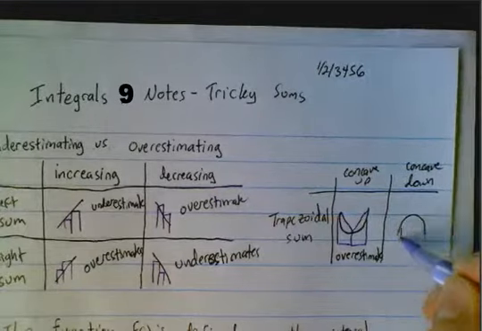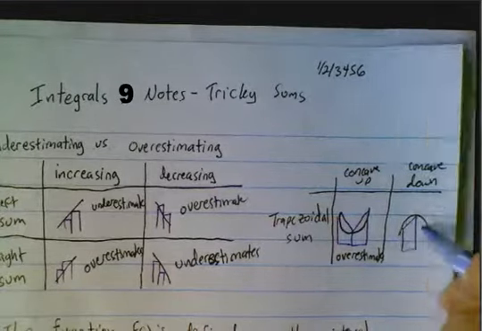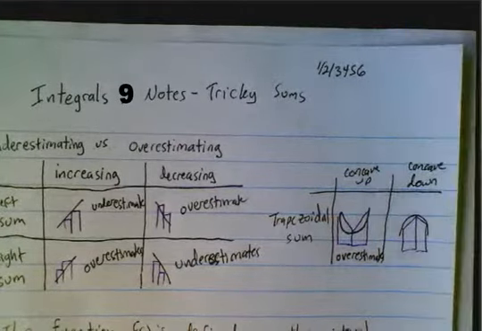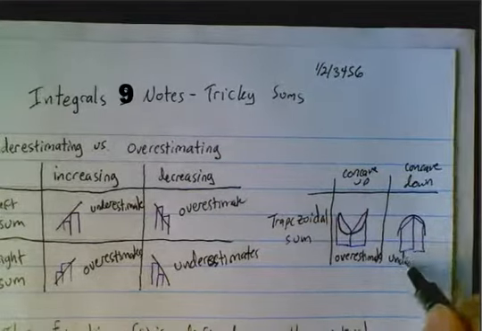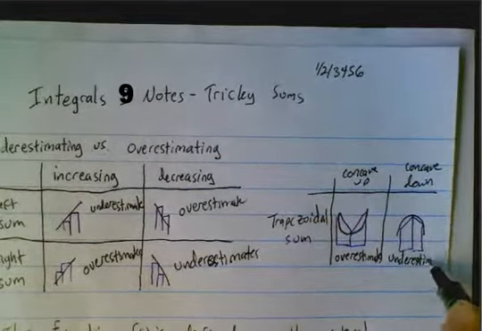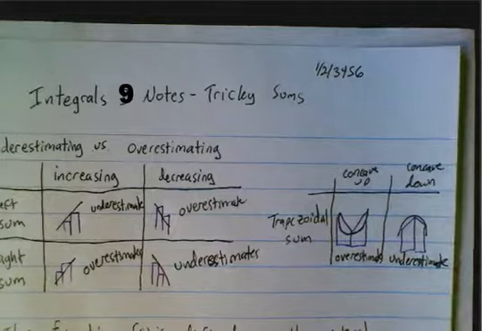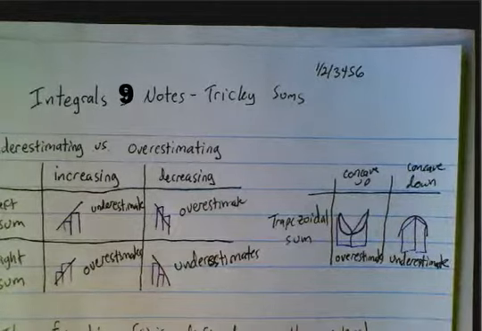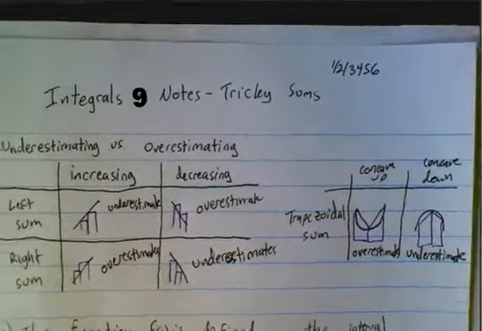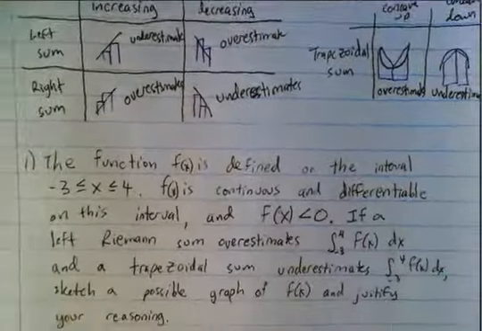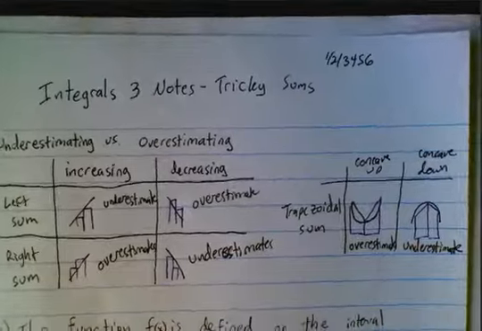And for concave down, trapezoidal sum underestimates. So those things are really important to know for problems like this one. Please title For problems like this one.